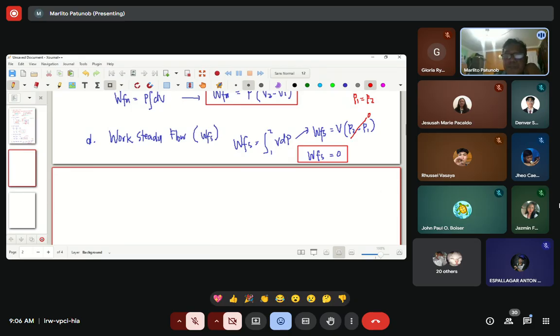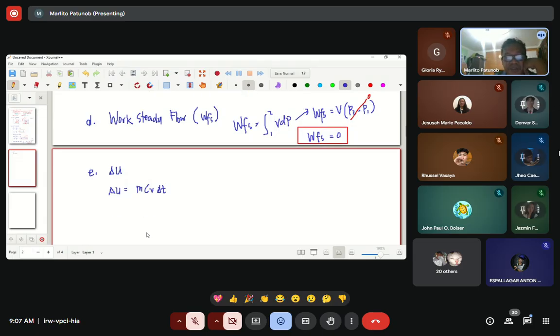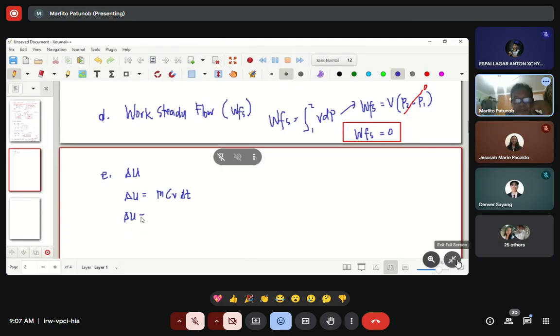Okay. And letter E. For the letter A, we have the change of internal energy, delta U. For an ideal gas, delta U is m Cv delta T, or m Cv (T2 minus T1).